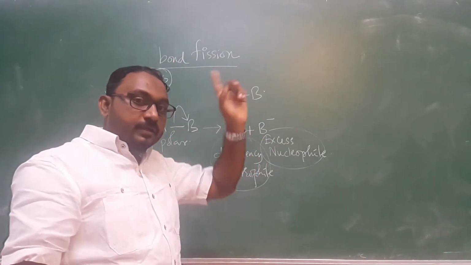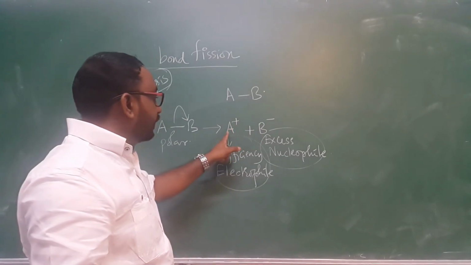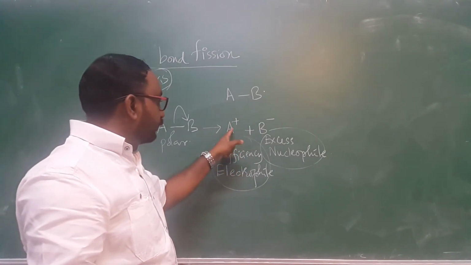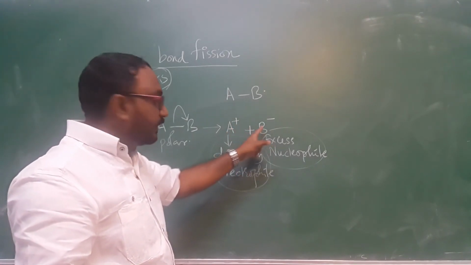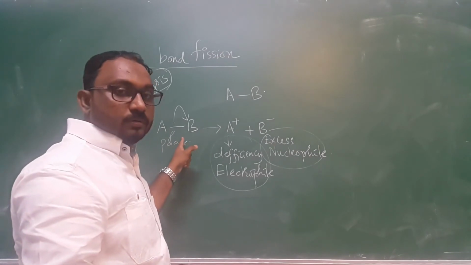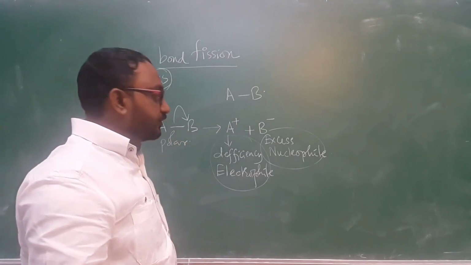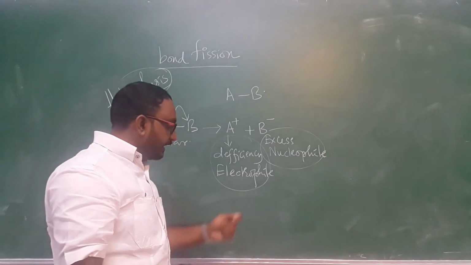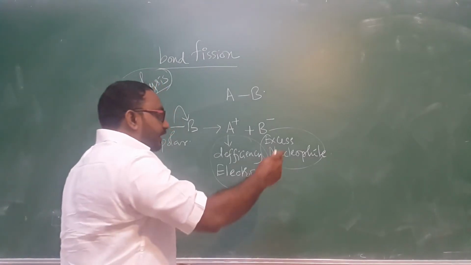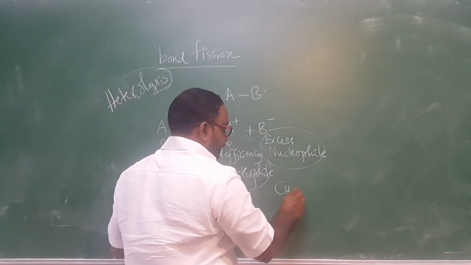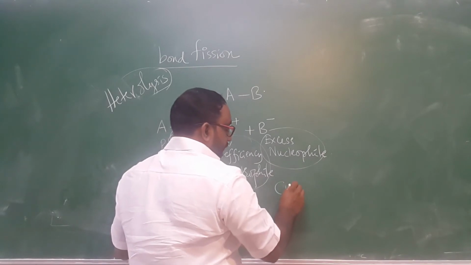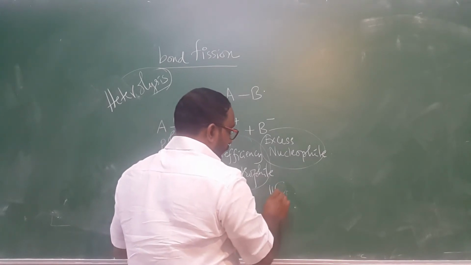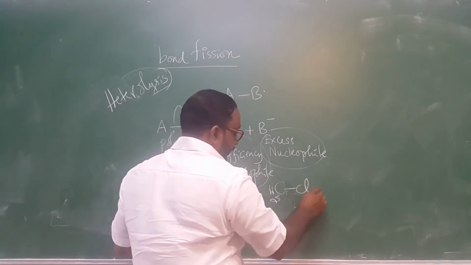So there will be the generation of a nucleophile and an electrophile. You recall the initial picture I have written: an electrophile reacts with a nucleophile to give a bond. This is how the reaction happens. We will take a few examples. One example is CH3Cl.